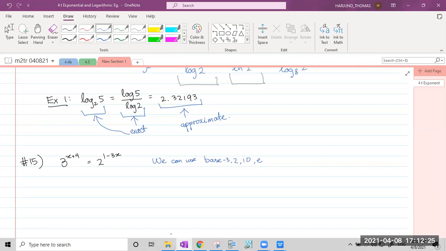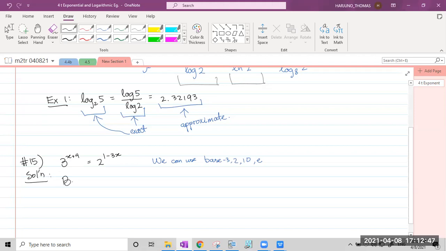If you want to use base 10 right away, that's because you want to use the calculator right away. If you just want the exact solution, you use base 3 or base 2. Let me use base 3.